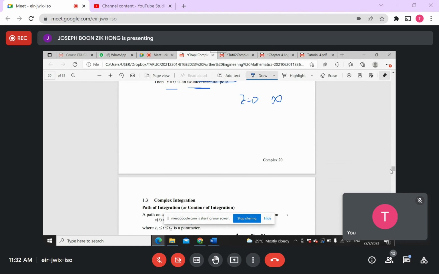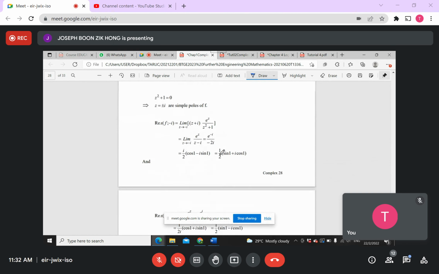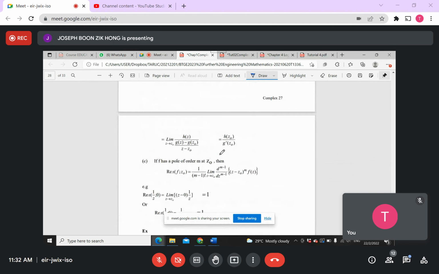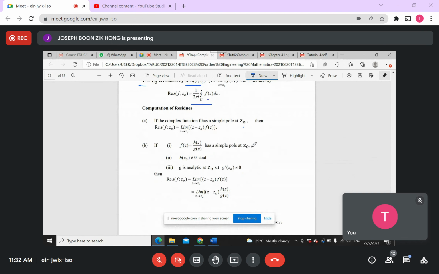So we go back. If you have a simple pole, and h(z naught) itself is not equal to 0, and g is analytic at z naught, with g prime of z naught not equal to 0, then your residue is what?